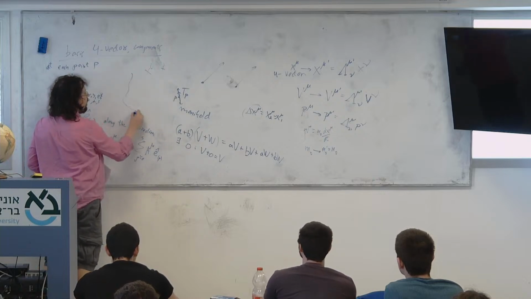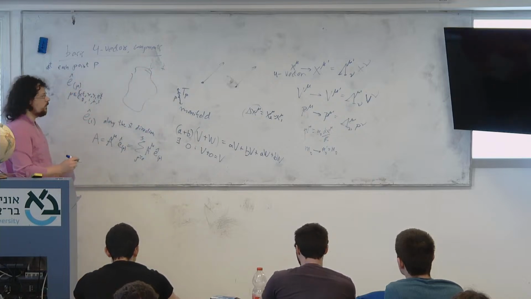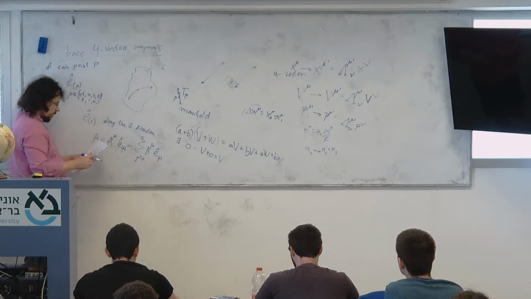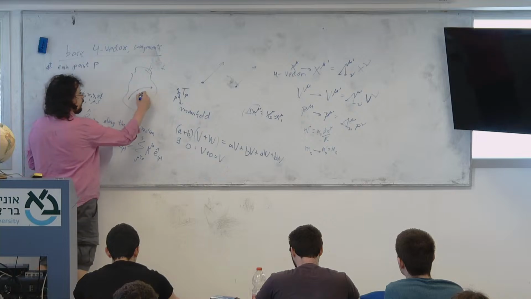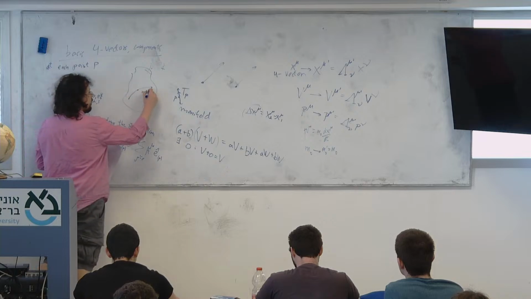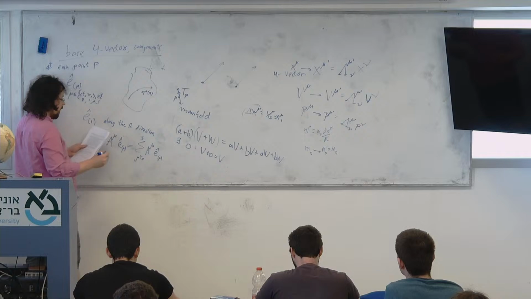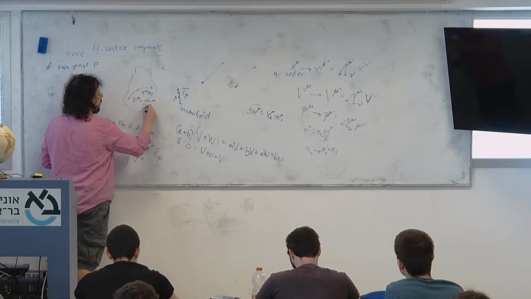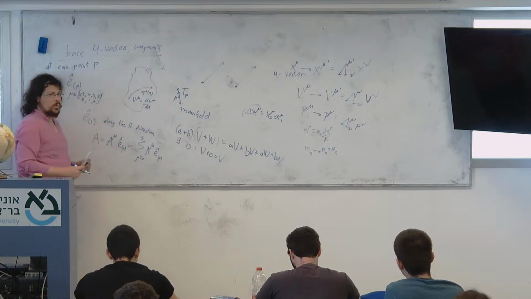If now this is my space, any curve here at any point, you can think of this curve as parameterized by x mu of lambda. Then, of course, the velocity or the tangent, dx mu d lambda, will also be a vector.